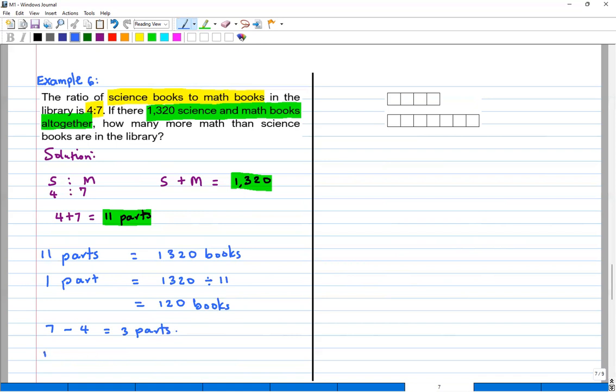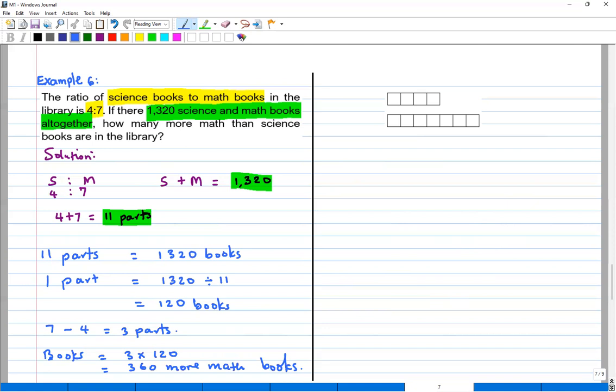Now, to know the number of books, we are going to get 3 times 120, and this gives us 360 more math books. Okay, so I hope you have understood that.